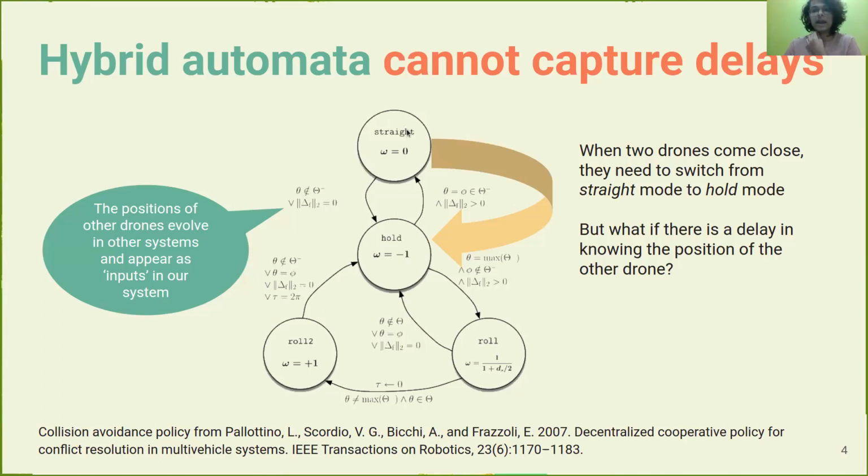But as soon as some other drone comes close to it within a particular distance, it needs to switch to a hold, which means stop flying or stop moving. But we are trying to see what happens if there was a delay in knowing the position of the other drone within the system, and this transition cannot take place immediately.